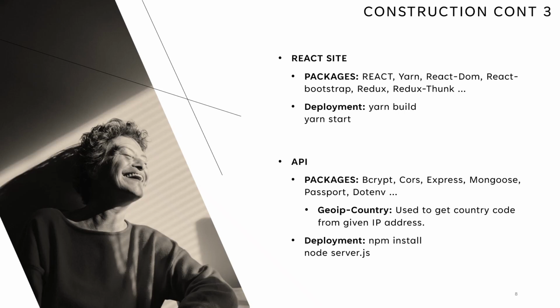So some of the packages: the React site, React Yarn, Redux, Thunk, how to deploy it, Yarn build, Yarn start, bcrypt for the passwords, Express for the server, Mongoose for the database. And then GeoIP country was used to figure out what country an IP address locates to.